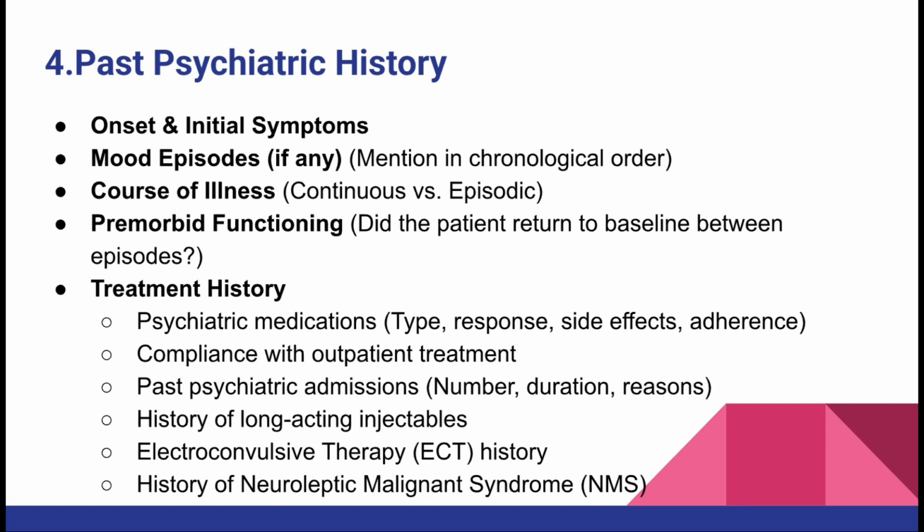Along with that, any non-medical approach towards the patient's symptoms, which could be in the form of electroconvulsive therapy, RTMS, etc. And any warning signs that we may want to see in these patients when we start the medications. For example, any history of neuroleptic malignant syndrome, etc.